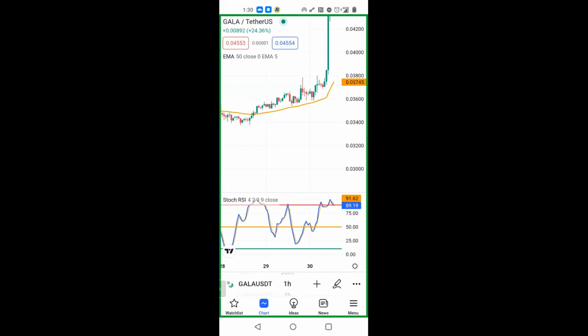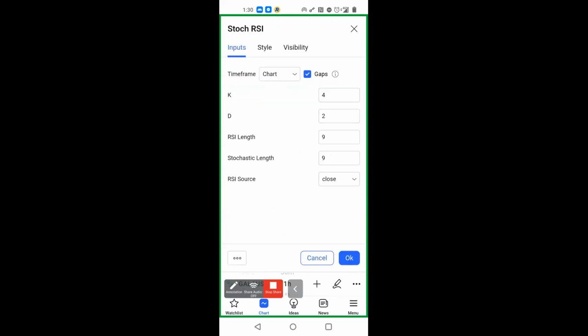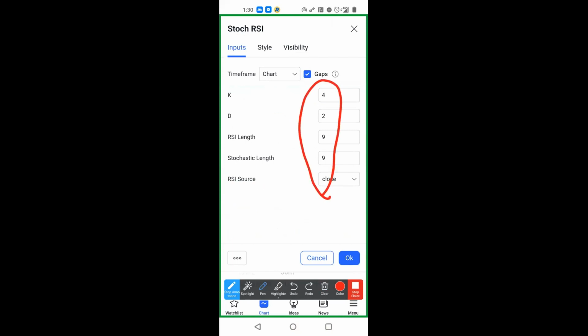Let me take you through the settings of this indicator to give you the perfect results you want, depending on the crypto market space. We tap on it, then go to settings. We only change the input and the style. The K is the blue line.